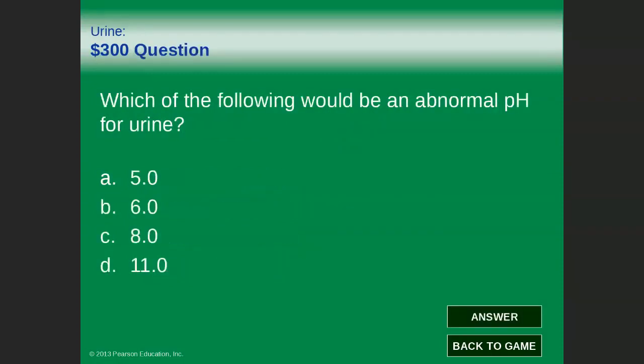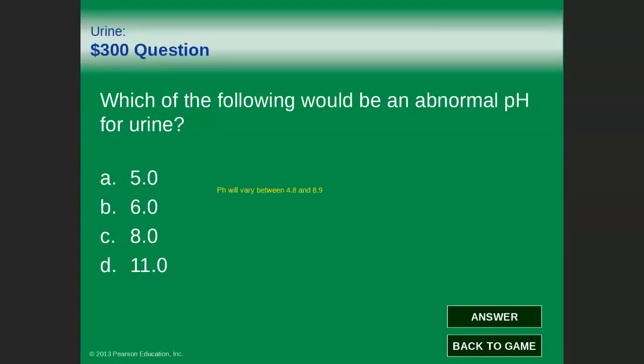Which of the following would be an abnormal pH? Remember, pH is how much hydrogen. Urine pH will vary between 4.8 and around 8.9.